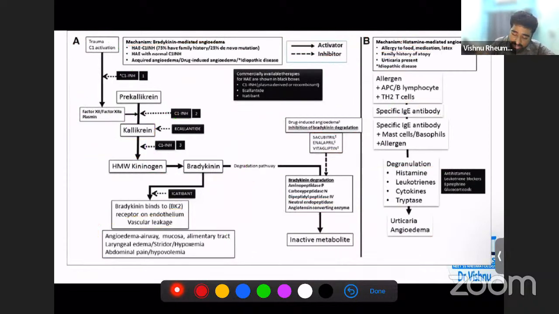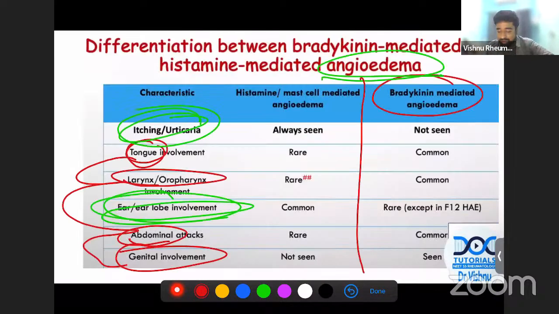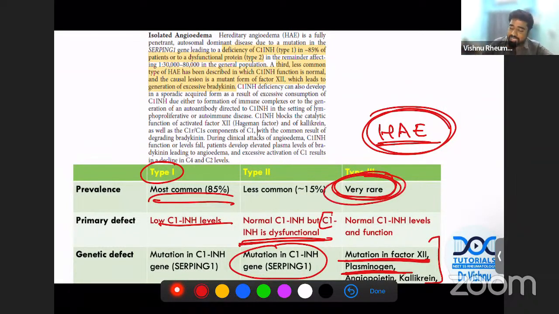There will be normal C1 esterase inhibitor levels and normal function of the C1 esterase inhibitor, but the pathway will be defective in the sense it can be the factor 12, the prekallikrein, kallikrein, or the high molecular weight kininogen. All of these molecules, that is plasminogen, angiopoietin, kallikrein, being mutated, then also there will be increased bradykinin formation, and that can also lead to a type of hereditary angioedema, although it is quite rare.